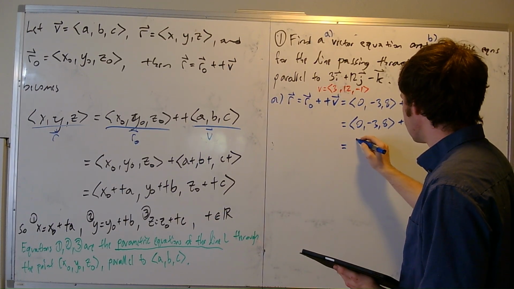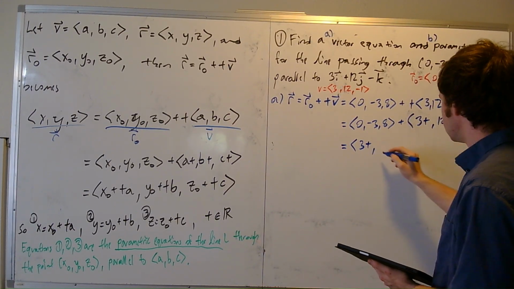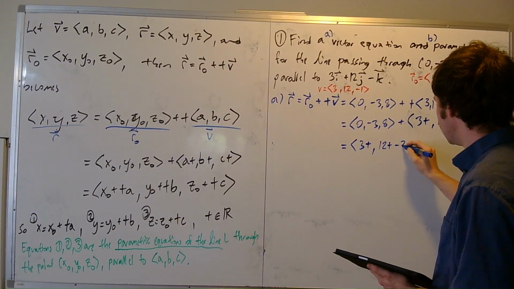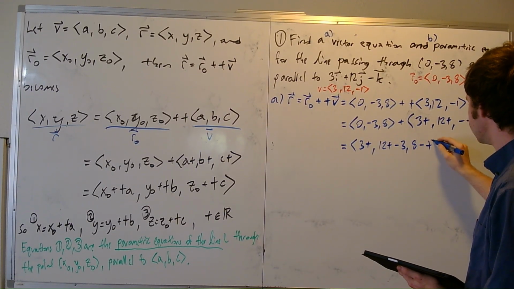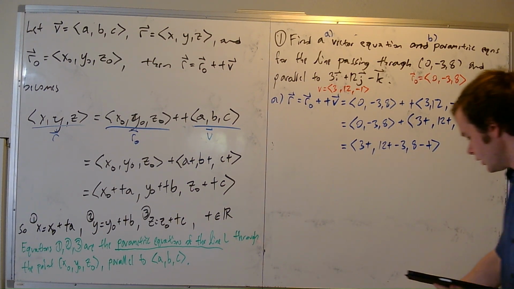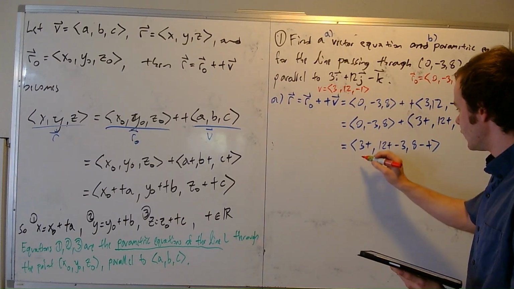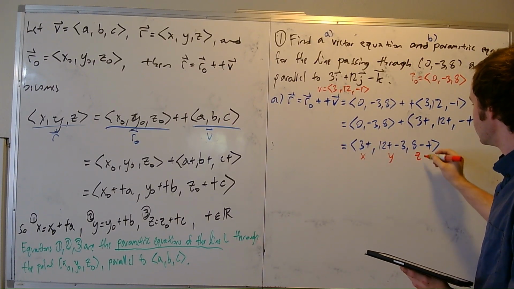If we do that, we get 3t plus 0, which is 3t. Here we get 12t minus 3. And for the third component, we get 8 minus t. Now notice this is our x coordinate, our y coordinate, and our z coordinate.